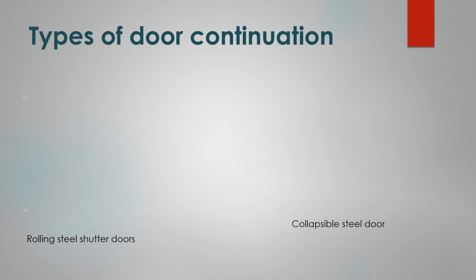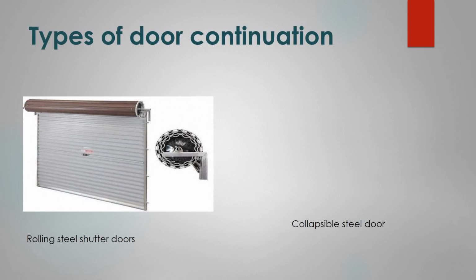We also have the rolling steel shutter door. The rolling steel shutter door, this door rolls upward as it opens and it rolls downward as it closes. It is made up of rolling steel. The rolling steel are the ones that roll as they create the opening.